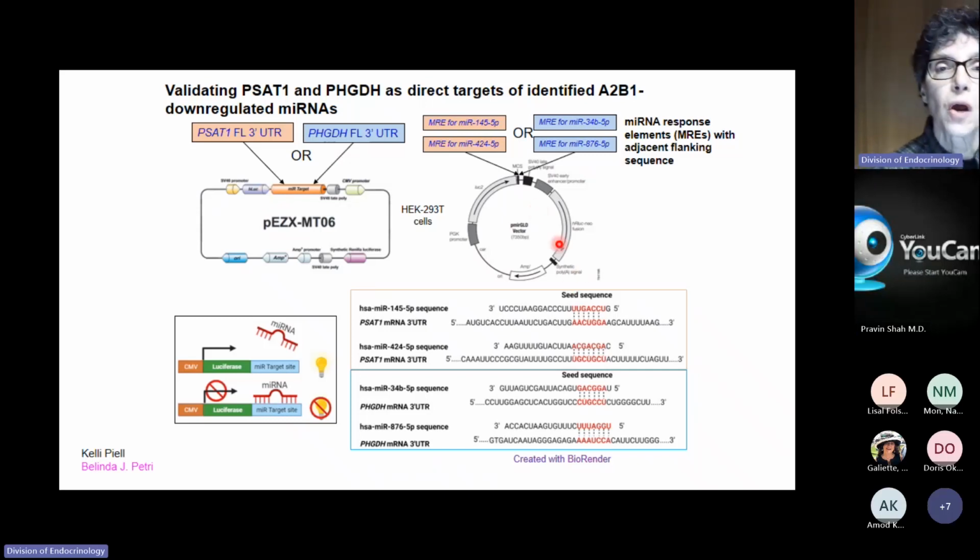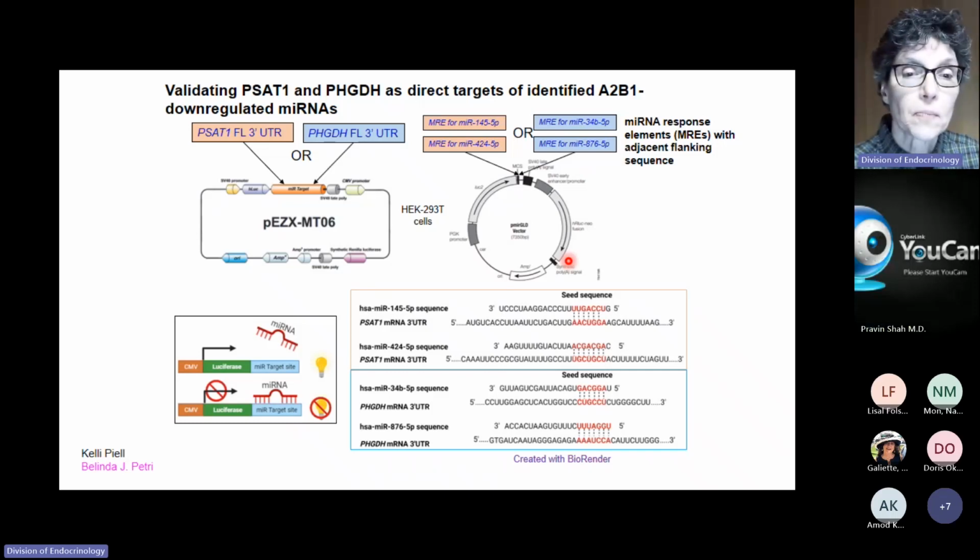Or we also used the pmirGLO vector, into which Kelly Peel cloned the microRNA response elements and the flanking sequence from PSAT1 or PHGDH into the reporter, again, downstream of the firefly luciferase with the Renilla luciferase, so another kind of dual luciferase reporter. And Belinda did transient transfection experiments in HEK293.